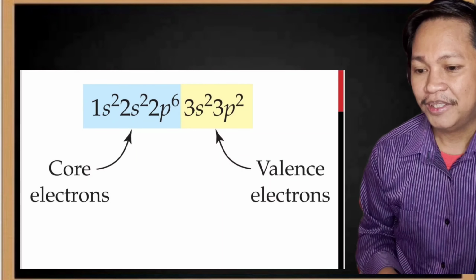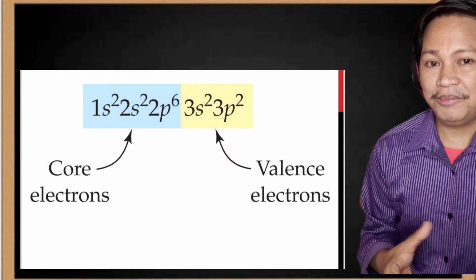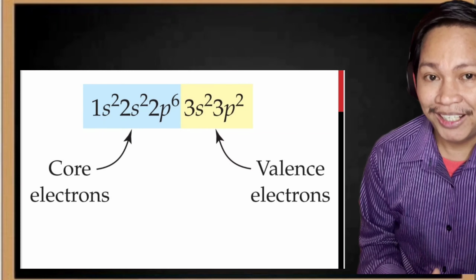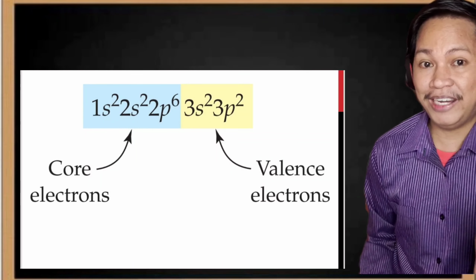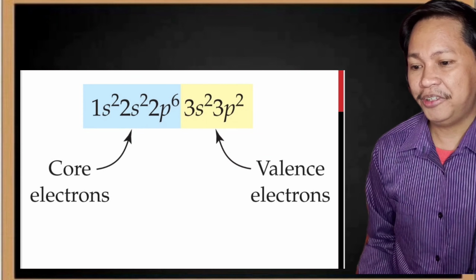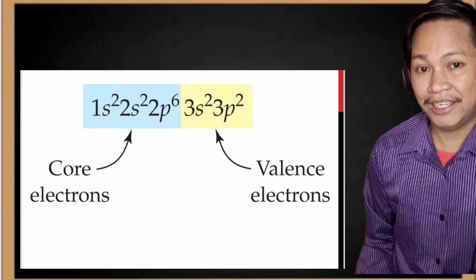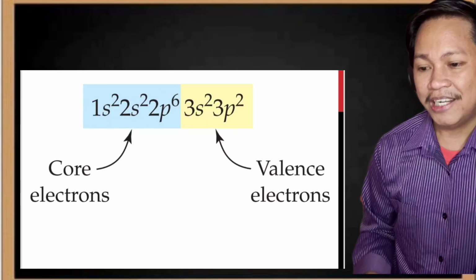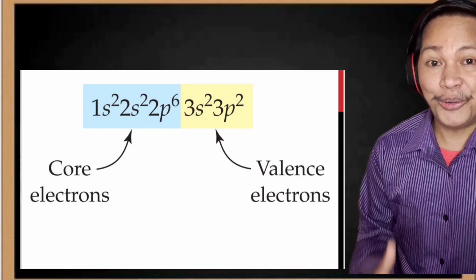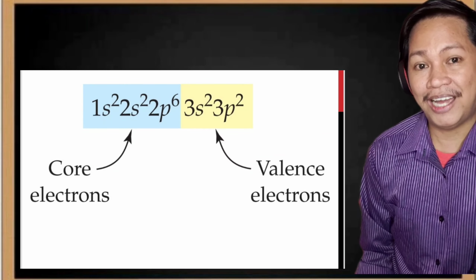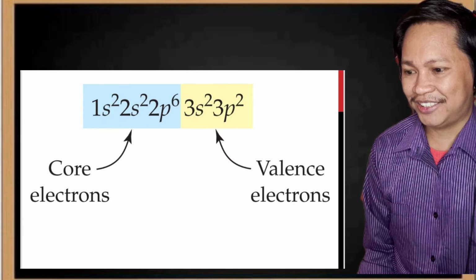So, the 3 is the highest number. Ibig sabihin, siya yung outermost shell. Therefore, andun yung mga valence electrons. Now, for the 1 and 2, nasa before the 3, sila naman, nandun yung mga core electrons. So, electrons under valence electrons.